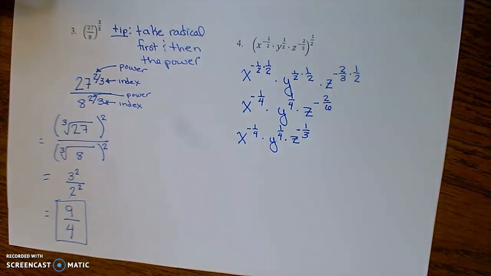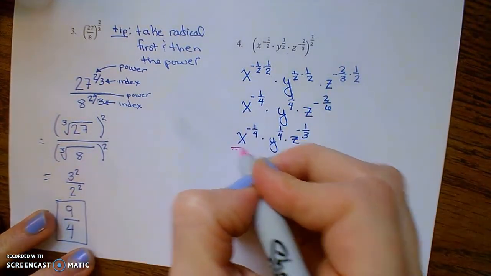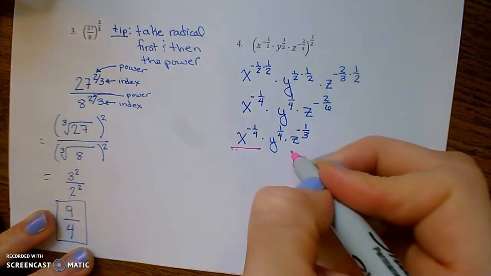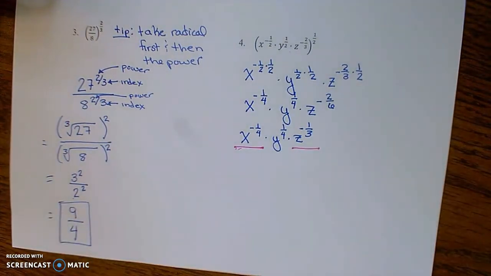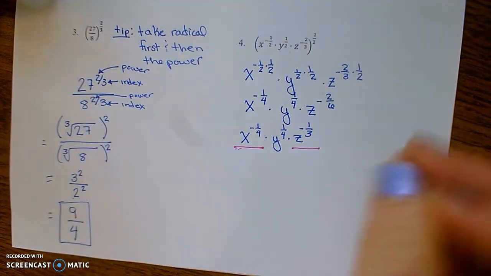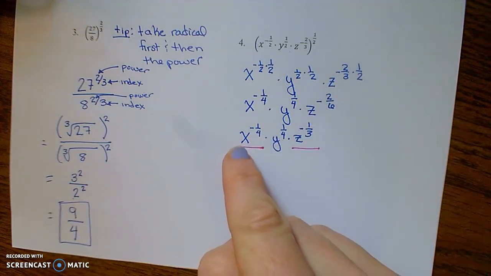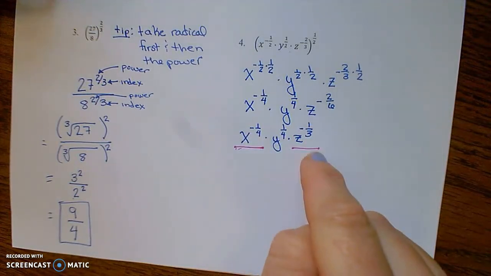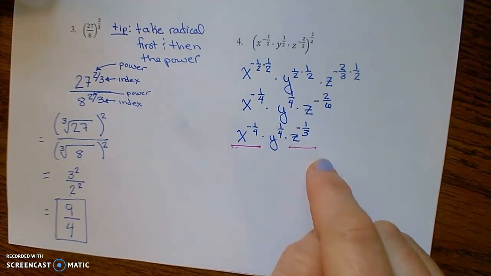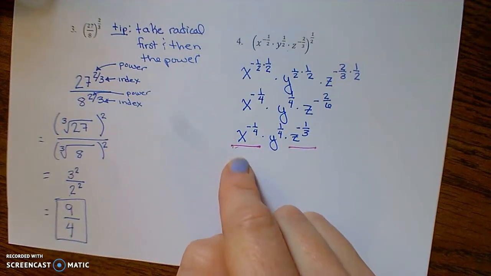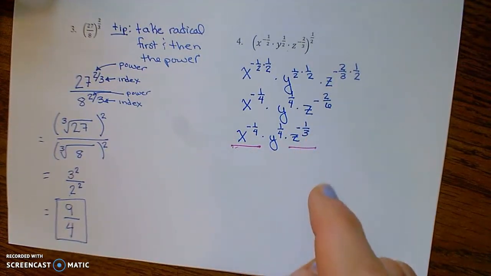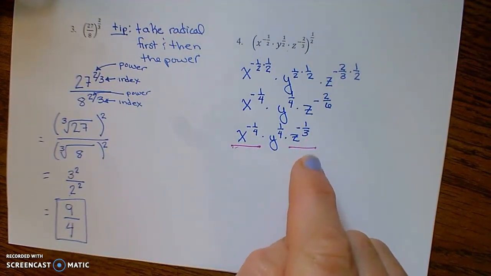All right, now what I want you to see is that the factor of x has a negative exponent, and the factor of z has a negative exponent. So what I'm going to do is take the reciprocal of the base for all of those negative exponent numbers. So it'll be like 1 over x to the 1/4 power, 1 over z to the 1/3 power.